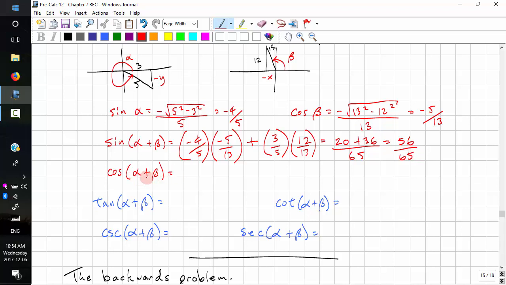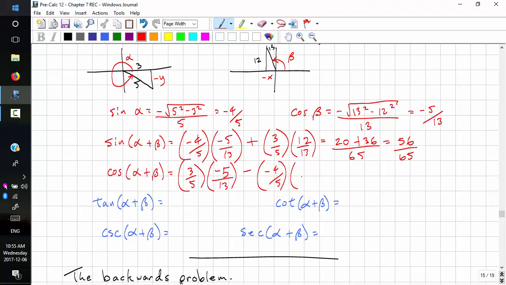Okay, cos alpha plus beta. Again, if you don't remember the identity, just write it out until you do, and it's faster than looking up your reference sheets. This is cos alpha, so we have 3 over 5. Cos beta, this is negative 5 over 13. Minus sine alpha, negative 4 over 5.